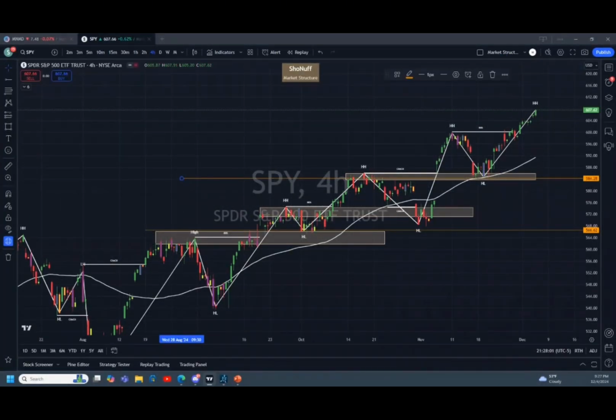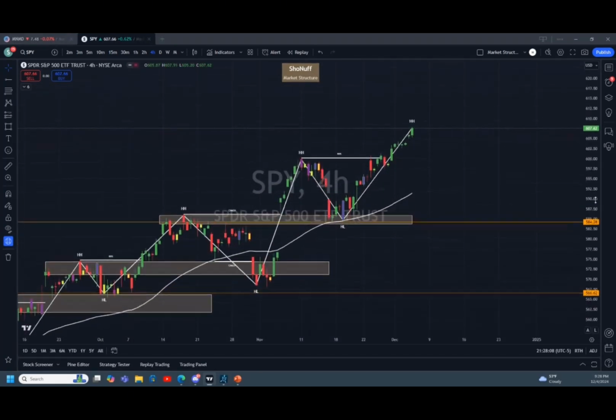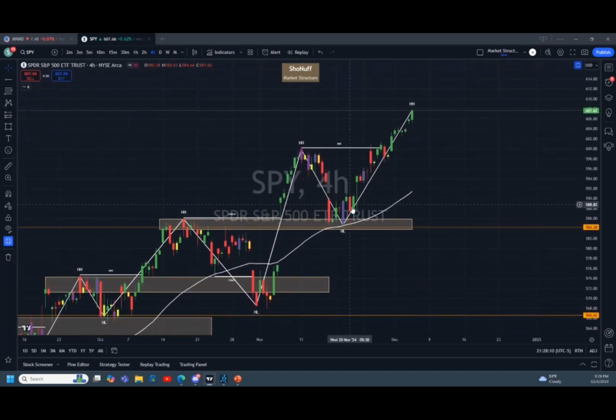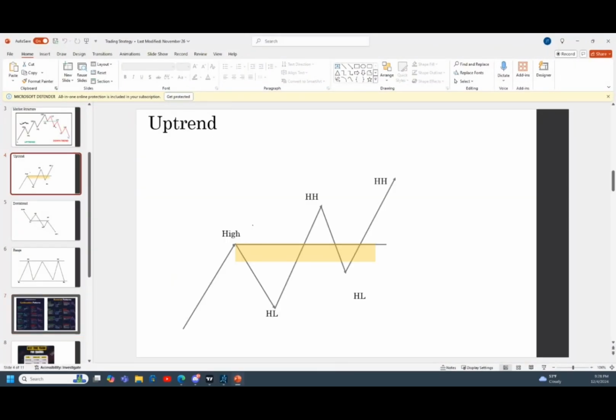That was it. The problem is people can't sit through these pullbacks sometimes, these intraday pullbacks. Same concept. This is the same exact strategy I showed you here. Nothing's changed.